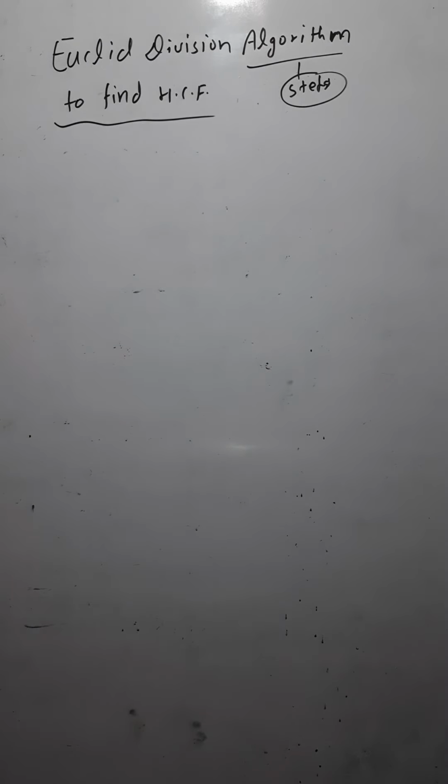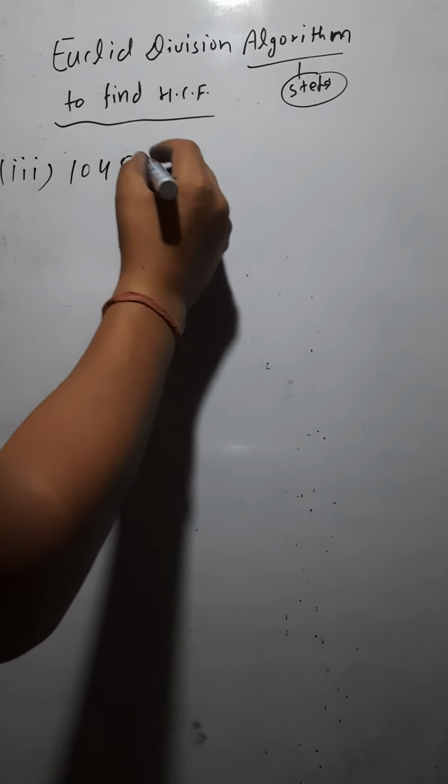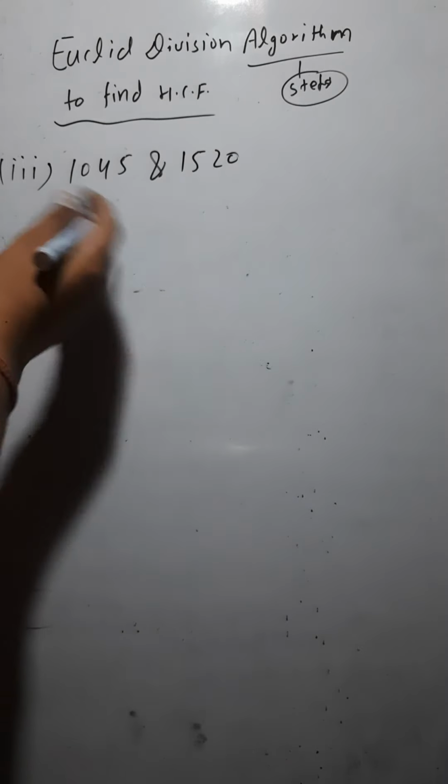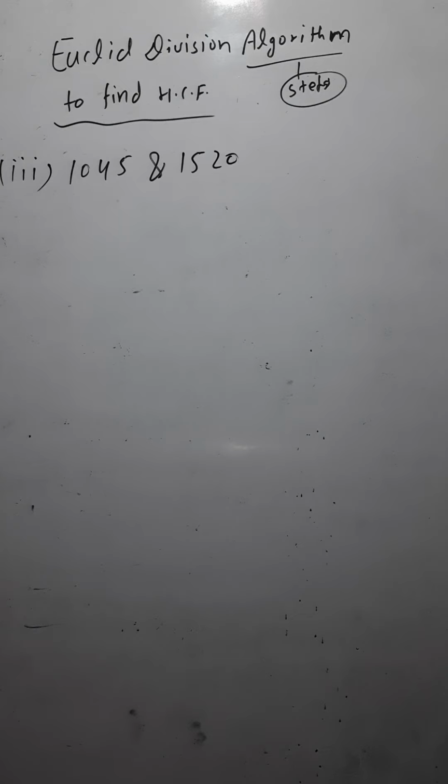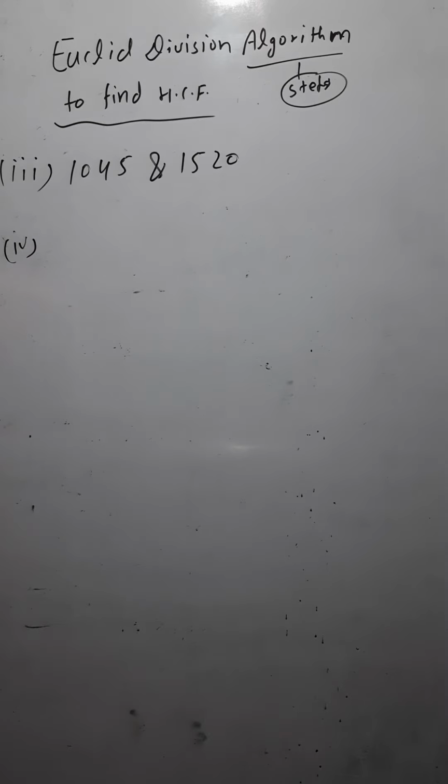Write down the third question. Find out the HCF of 1045 and 1520. So simple, divide this by this. Try it yourself. I'm not going to teach all the time, so just do these questions. Now let me give you one more question. That would be the fourth one.